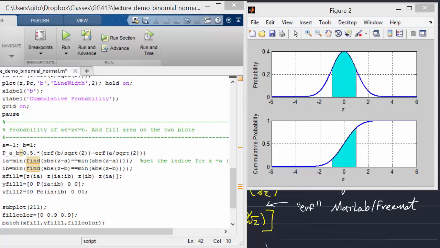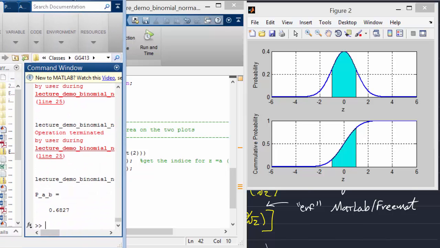And if we calculate that, the answer is 0.628. And so that shows the area under the PDF here, and actually it's the difference in the cumulative distribution between 1 and -1.